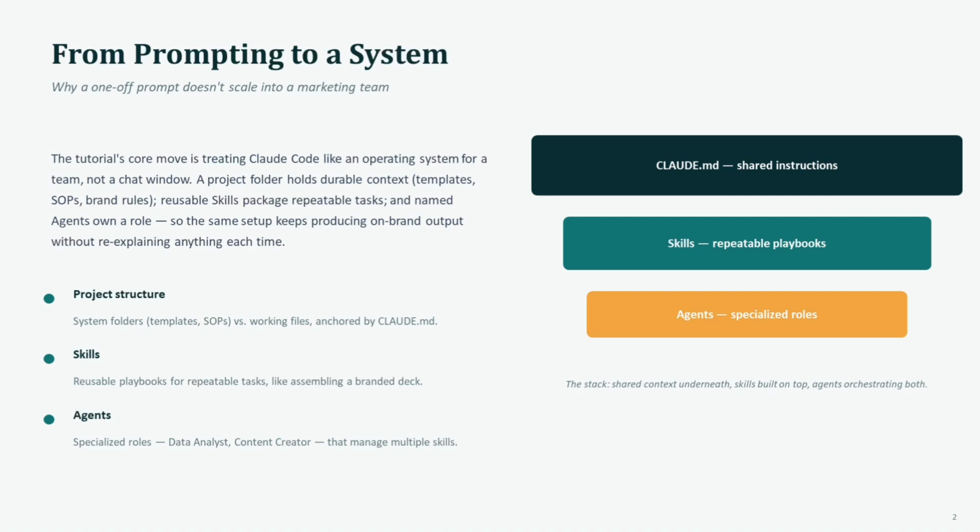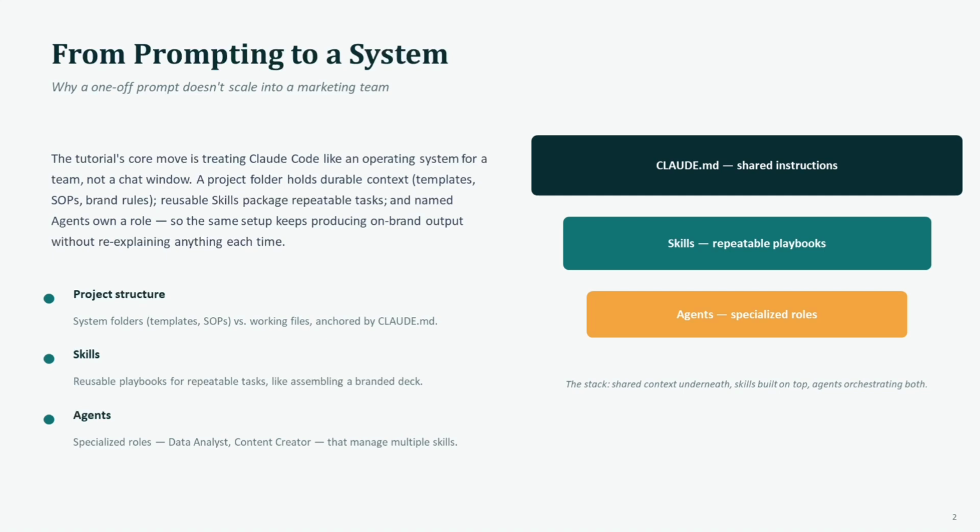You can also use any other AI such as Gemini, ChatGPT, or any AI that you like. Basically, we are going to use some files such as Claude.md for shared instructions, the skill for the repeatable playbook, and the agent, a specialized role such as for posting a post or video, or for messaging or any other purpose.